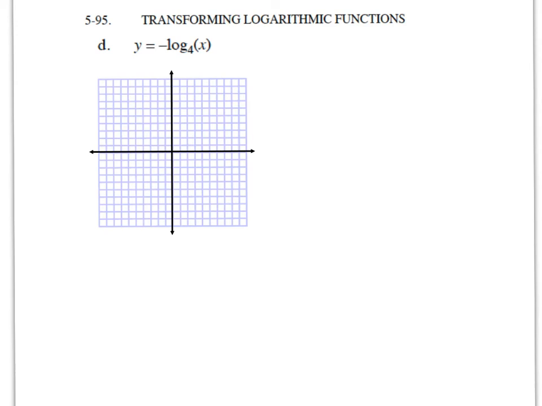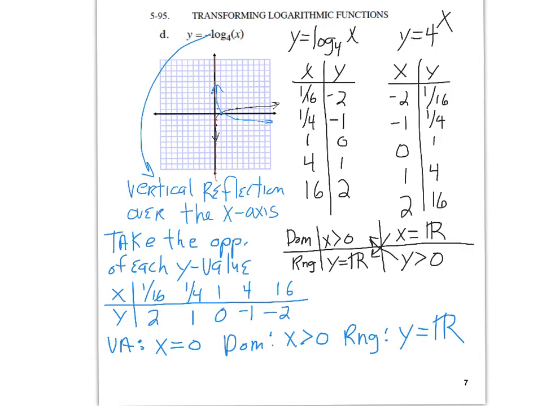What I would like you to do is try D, y equaling a negative log base 4 of x, and then check your answers. So pause this now, complete it, and then come back and check your answer. Okay, welcome back. You can go through, check your work. I'm not going to go through this individually.